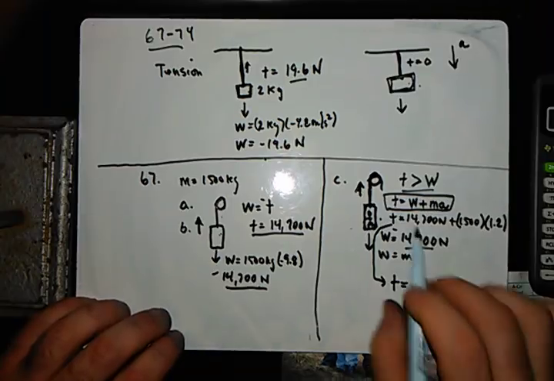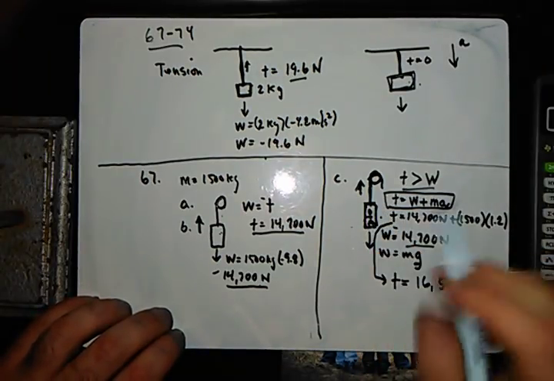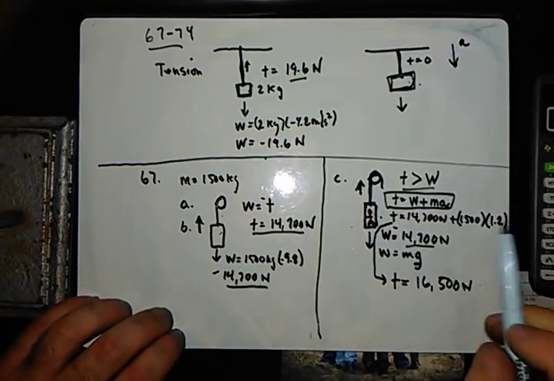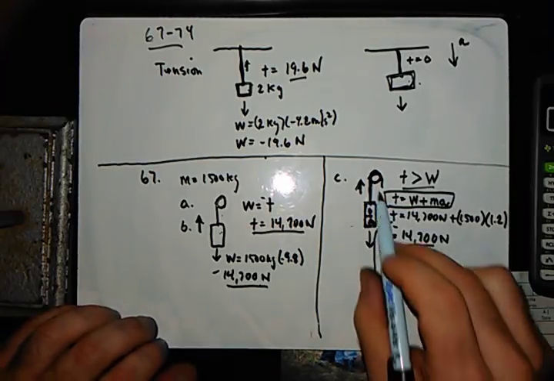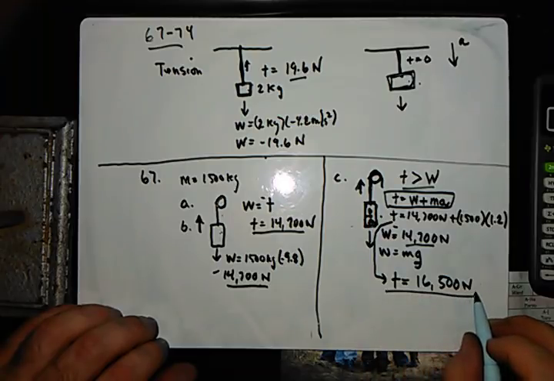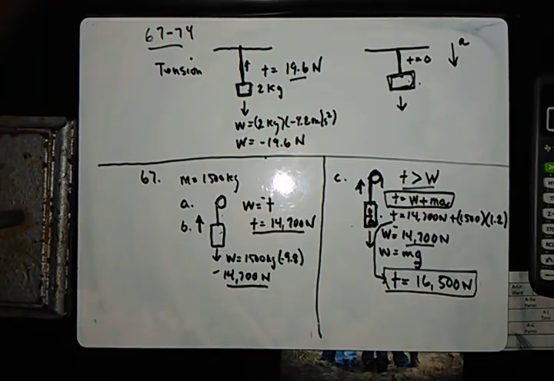That's the tension in that rope as it's pulling up. So realize that if you're accelerating up, it's increasing the apparent weight of that elevator and causing more tension. 16,500 newtons worth.